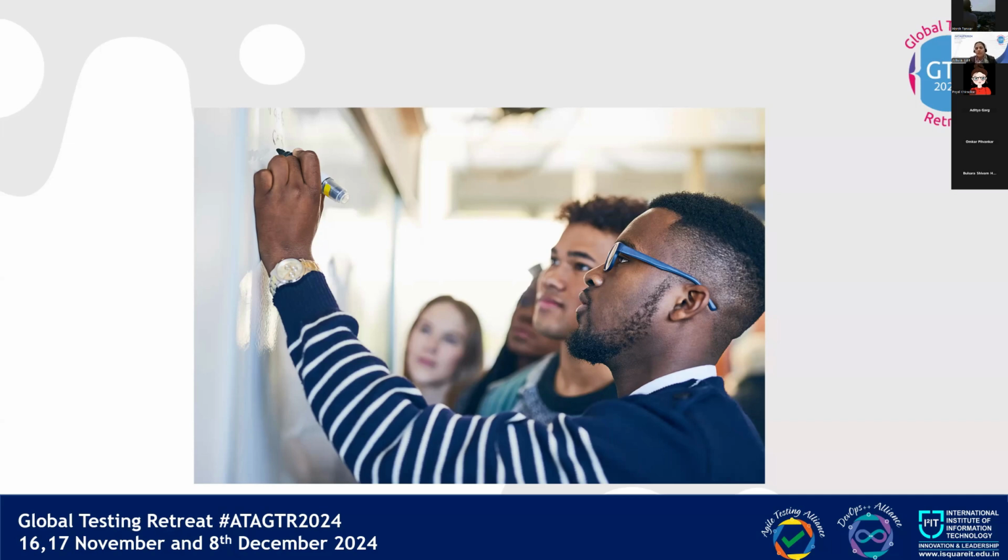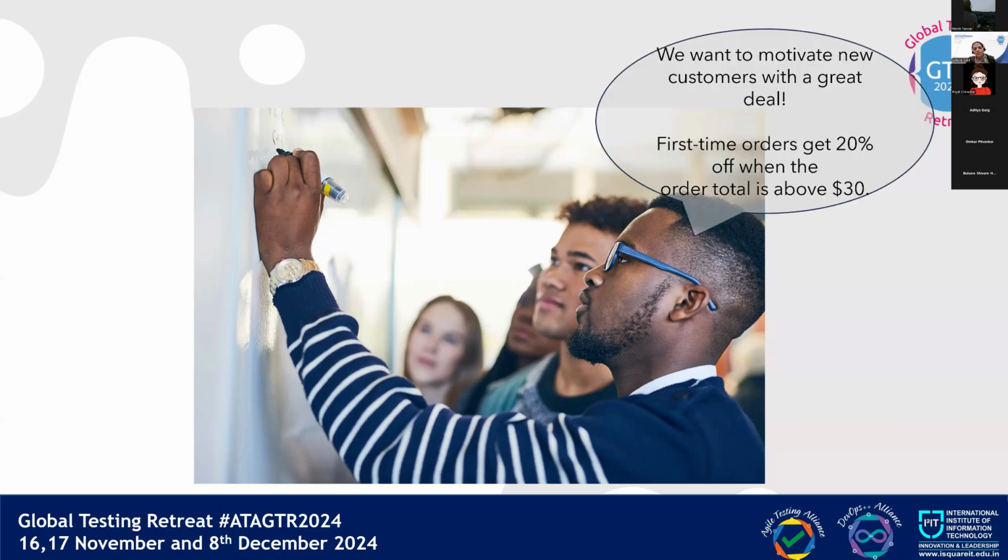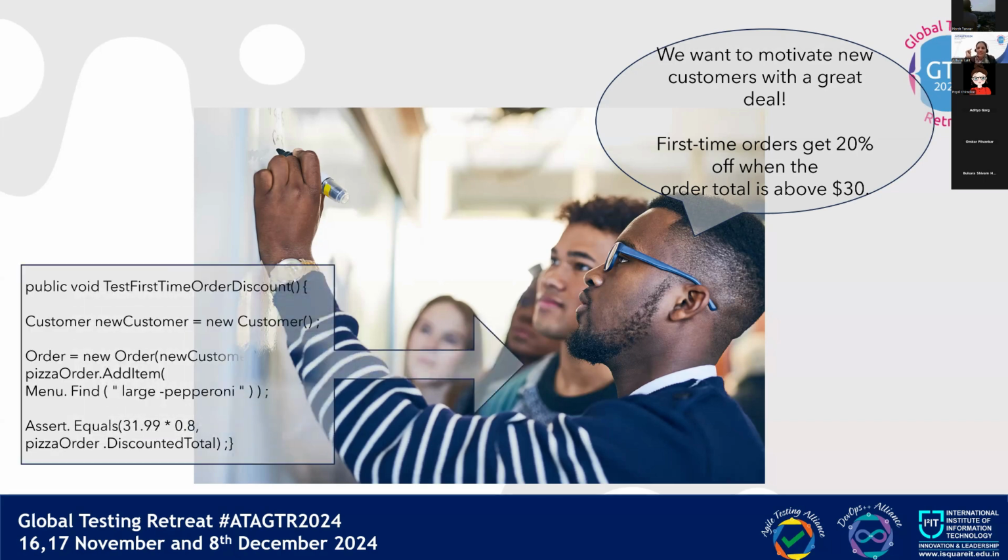He calls the entire forum together for a discussion over a user story, and then he reads it out. The user story is: we want to motivate our customers with the help of a great deal, so first-time orders get 20% off when the order total is above $30.